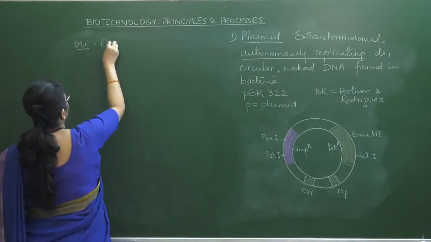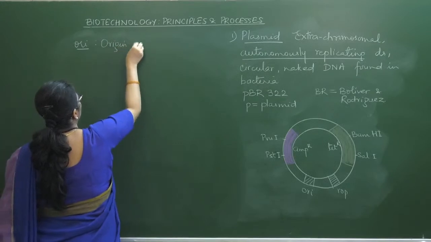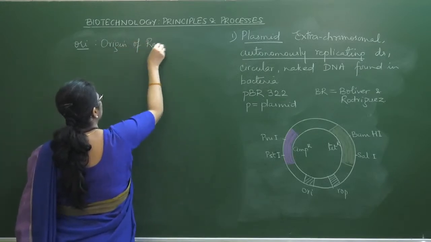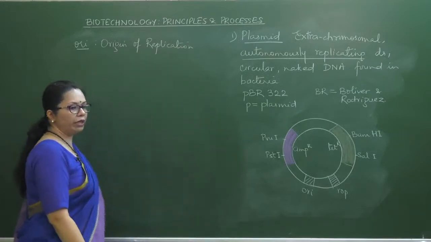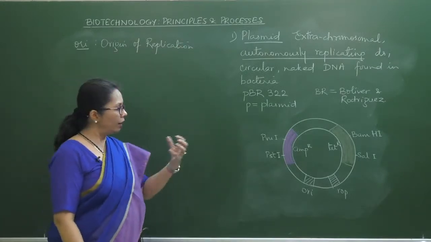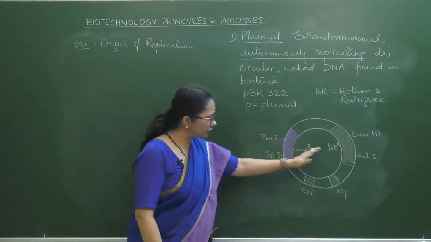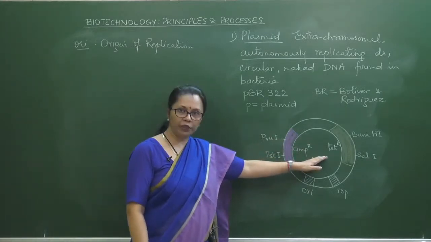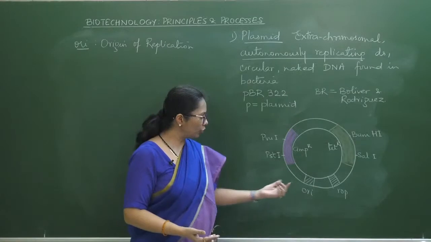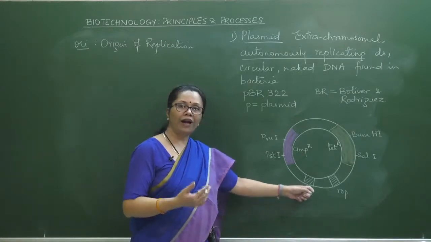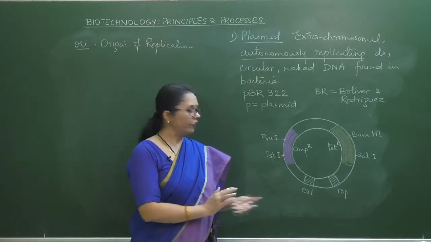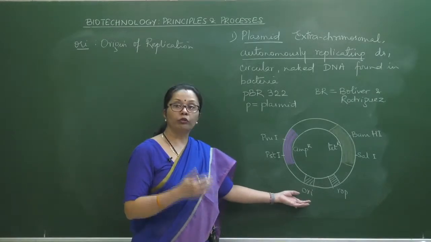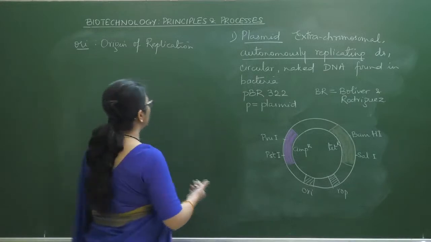ORI is origin of replication. Origin of replication is where, when this DNA is to be copied, its copies are going to be formed. The gene which is initiating the copying is from the ORI.